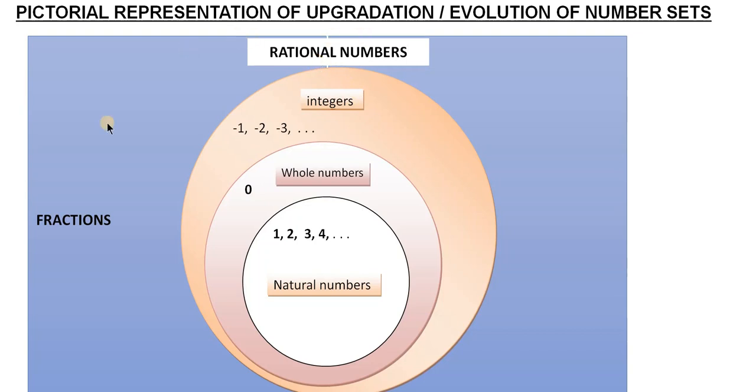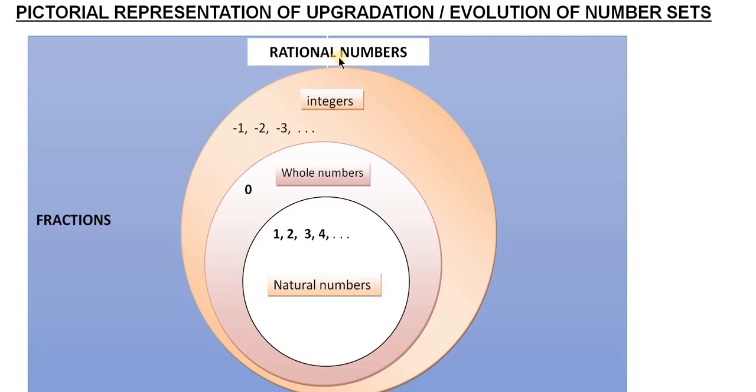But when you have taken up the rational numbers, you are giving a form, a shape, which is some numerator divided by denominator to represent all the numbers. So your rational number set has come, and how is a rational number different from a fraction? In fractions, numerator and denominator are whole numbers, and the denominator cannot be 0.